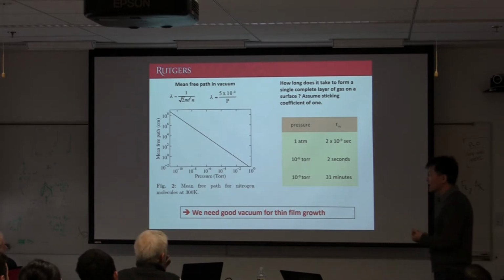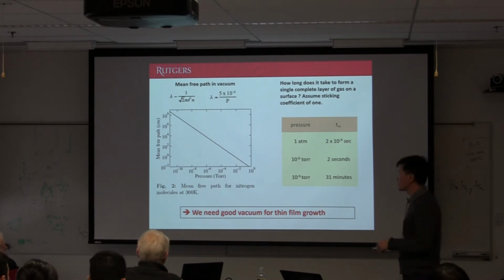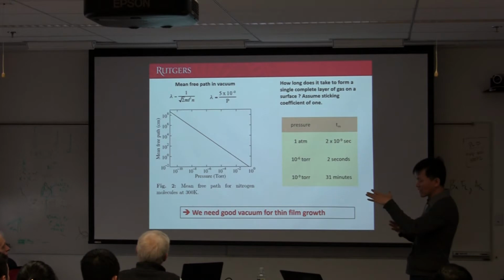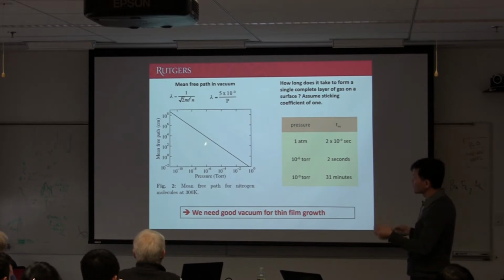That's the main mechanism of how MBE works. If you have a lot of gas and a lot of scattering, then you cannot deliver the material you evaporate from your source. So your vacuum should be good in the sense of minimizing this scattering effect.